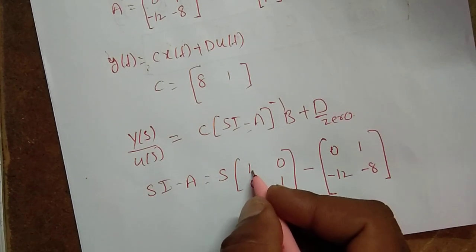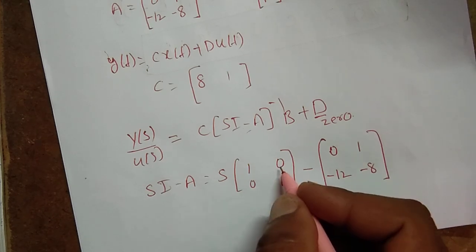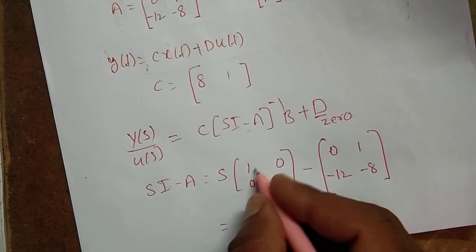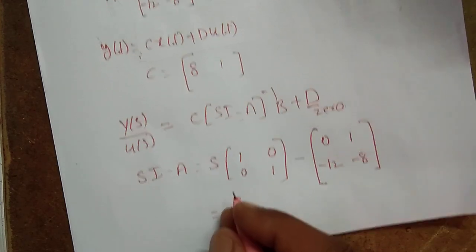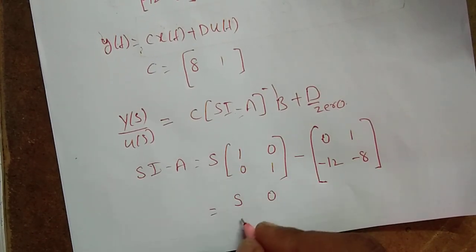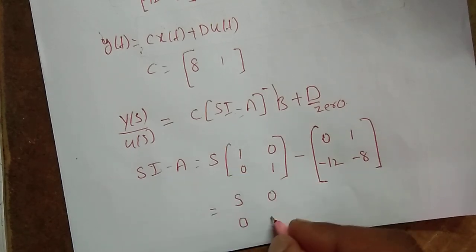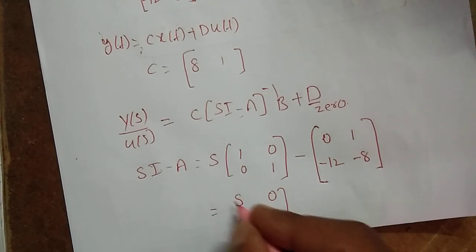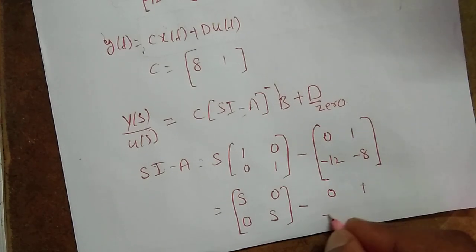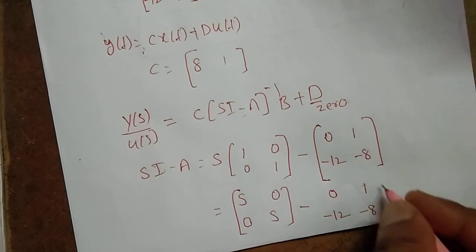S into 1 is s, s into 0 is 0, s into 0 is 0, s into 1 is s, minus [0 1; -12 -8].